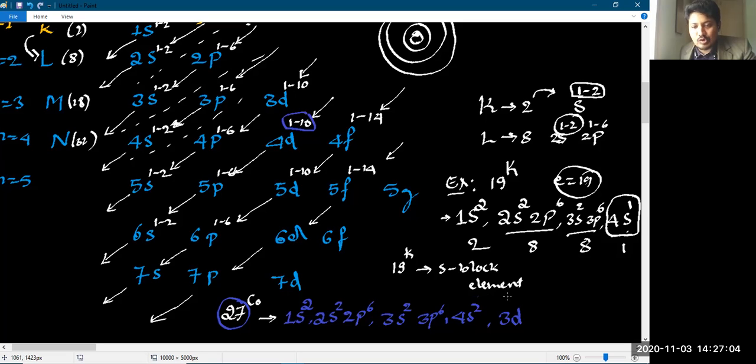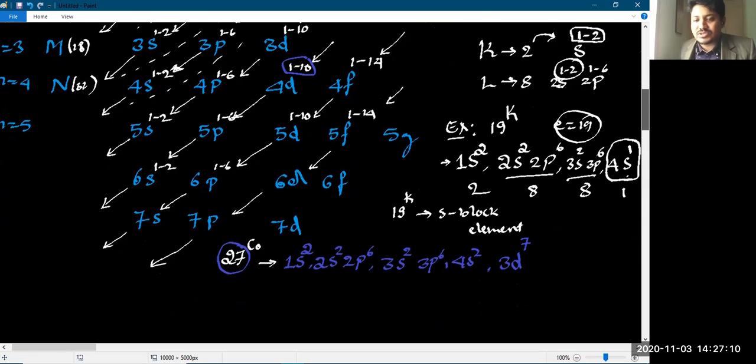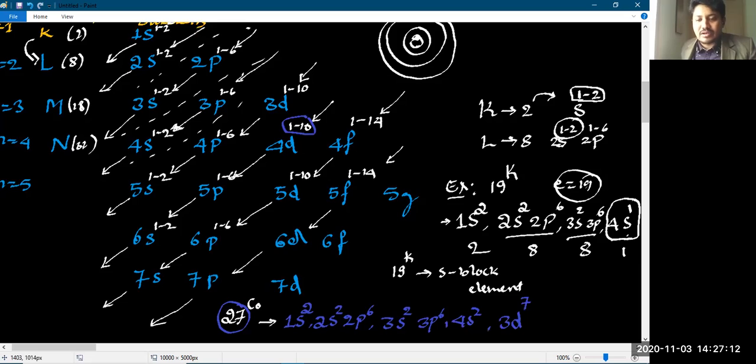The remaining electrons in cobalt are 7, and those 7 electrons fill in 3d. That means the last electrons, the valence electrons, enter the d subshell. Hence cobalt comes under d block elements.